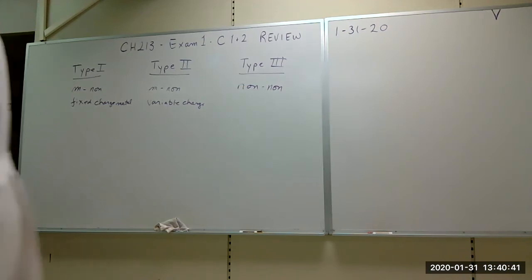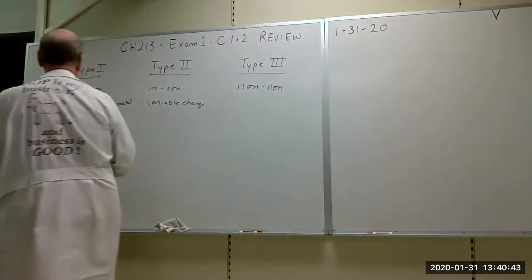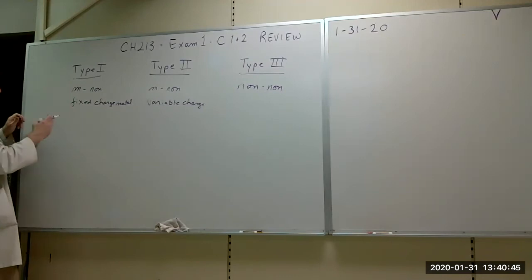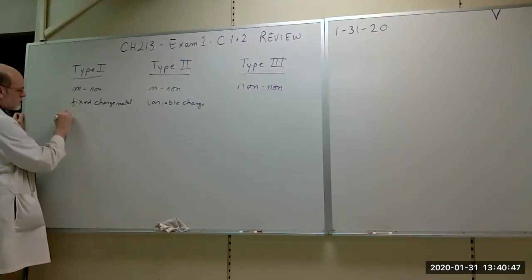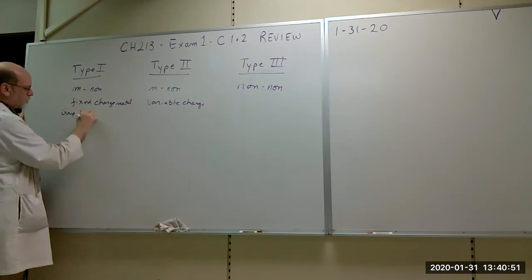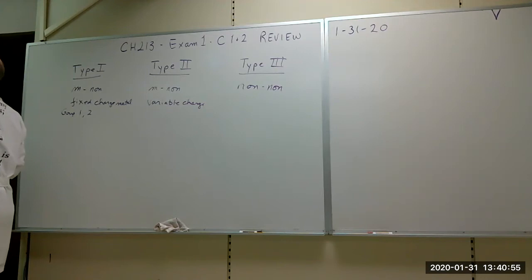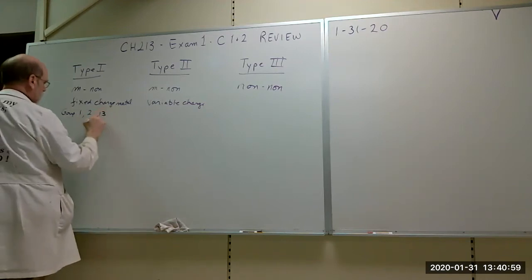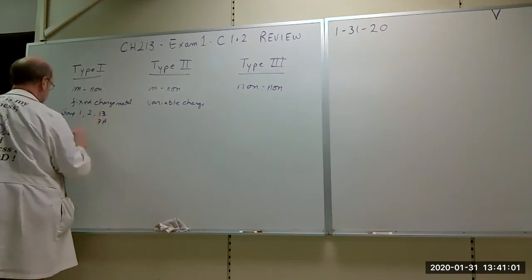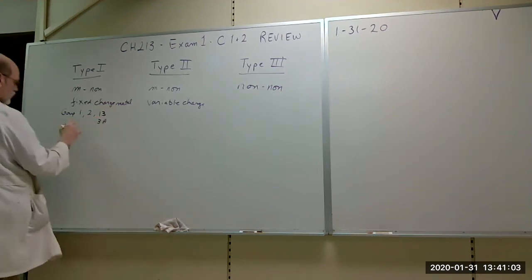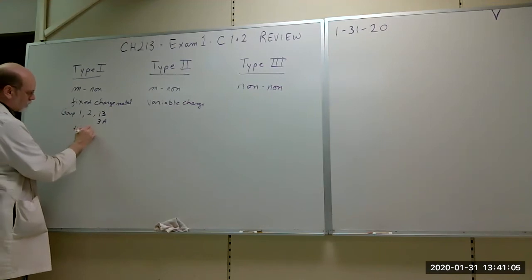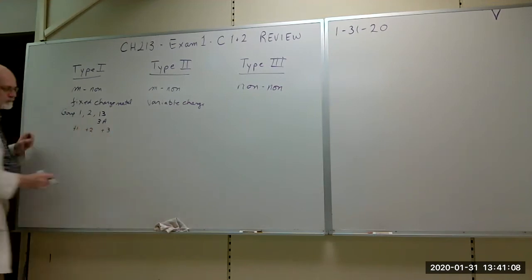But as a general rule, I would say for this one, you go group 1, 2, and, with the new convention, group 13, which used to be 3A. Those are all +1, +2, +3 charge.